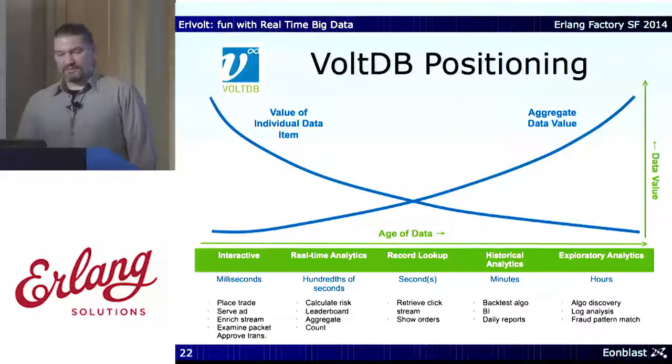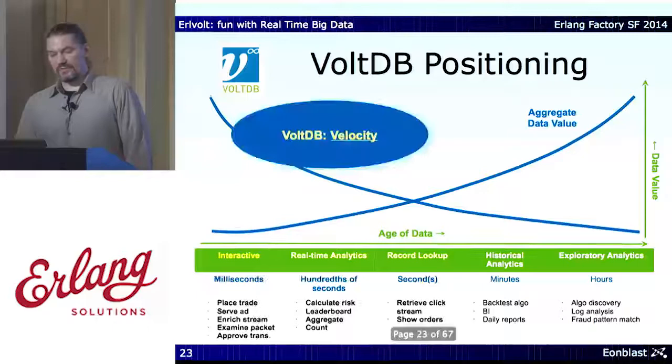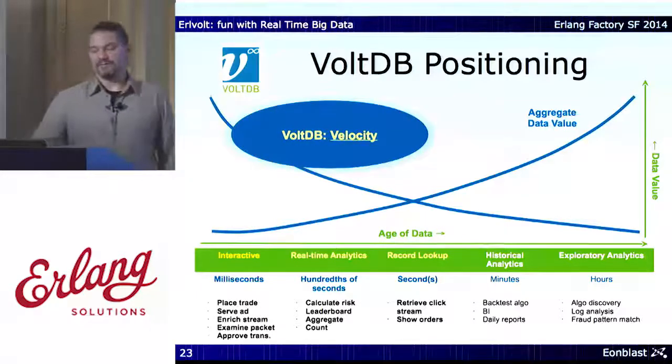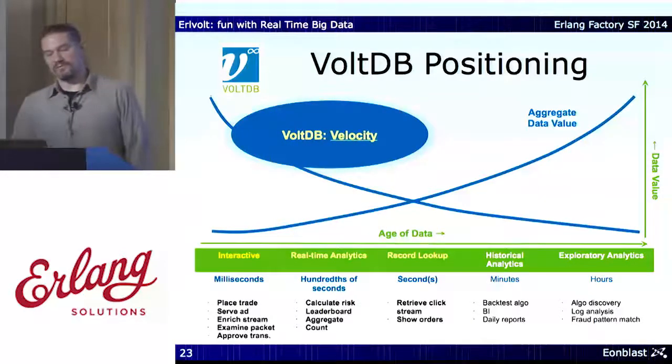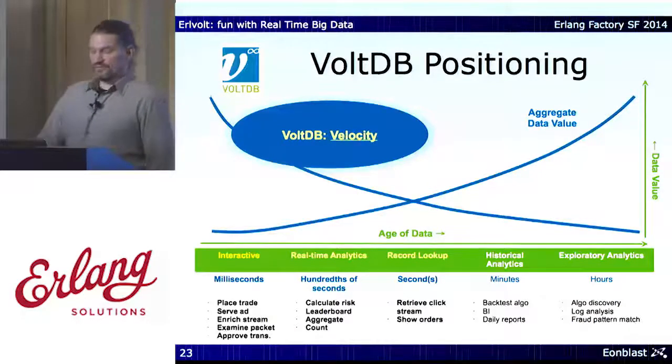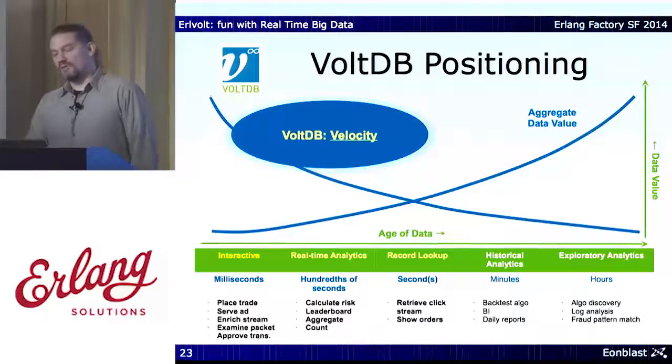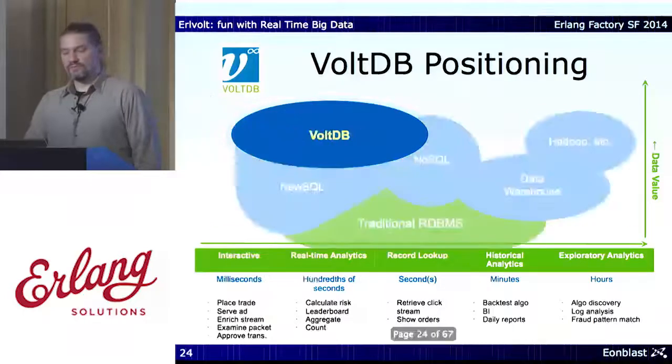And that makes VoltDB interesting for situations where you need answers within milliseconds or hundreds of milliseconds. And it's not necessarily the right choice if you have minutes or hours to get the results of your statistics. Then you might want to use other tools.